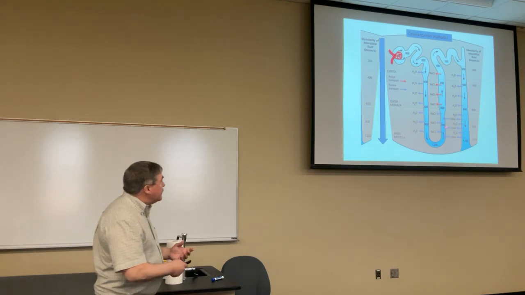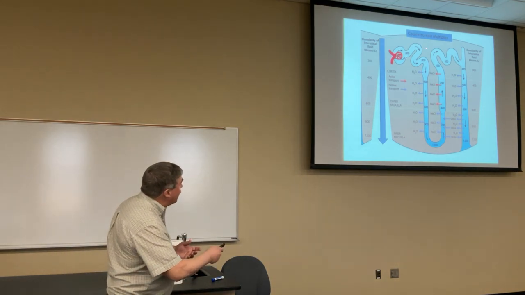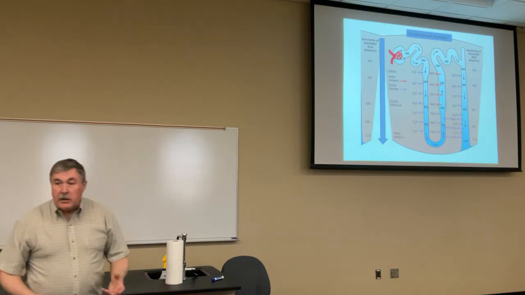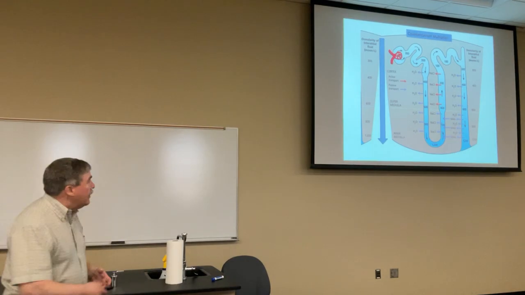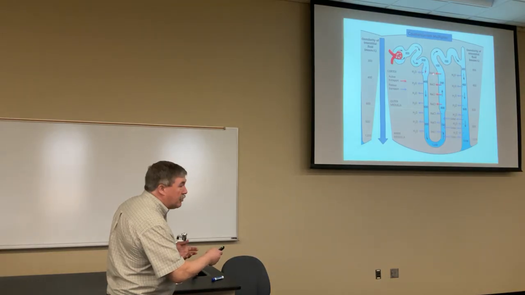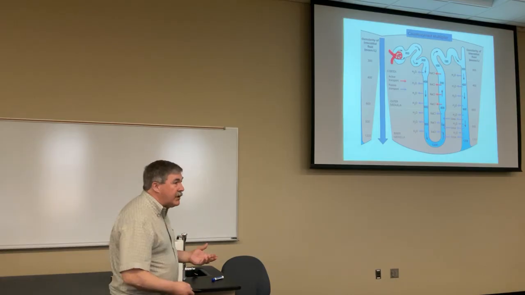Okay? So now that we have this concentration gradient, when the filtrate starts moving down, the descending limb is permeable to water, but not to electrolytes. So you're starting out with an osmolarity of 300 milliosmoles in the proximal convoluted tubule. When it goes down into the descending limb, the interstitial fluid is more concentrated.